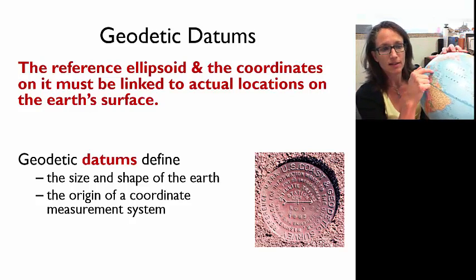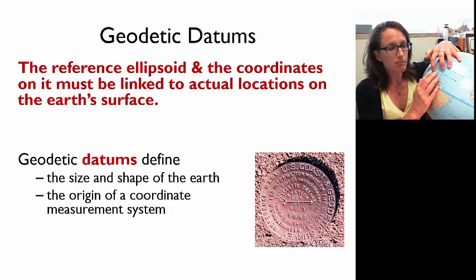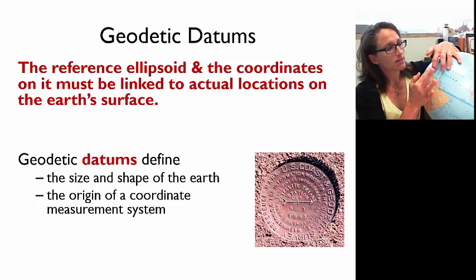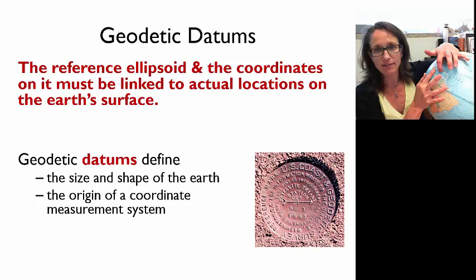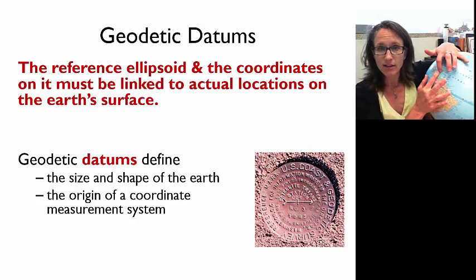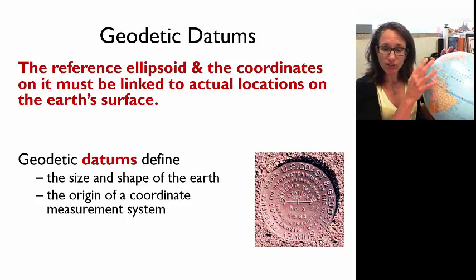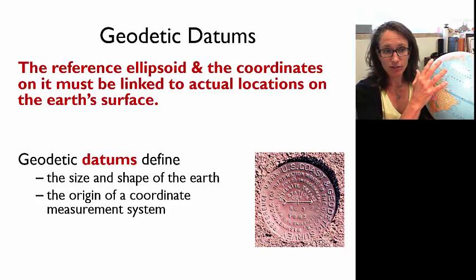So if we are in the same place, so we're right here at this point, but we move this 90-degree longitude line a little to the west, now this point is 85 degrees west. If we move it here, then maybe it's 90 degrees west. So what we're doing when we change the datum is we're actually adjusting where those lines of latitude and longitude are on the Earth.